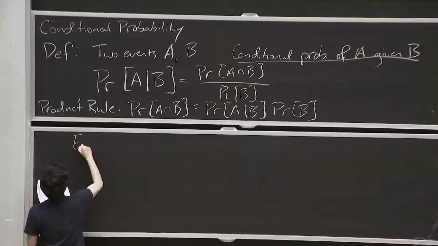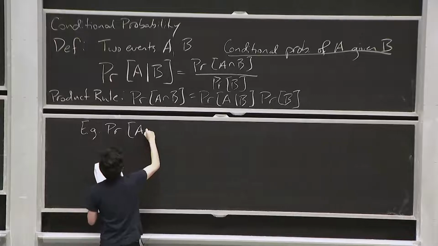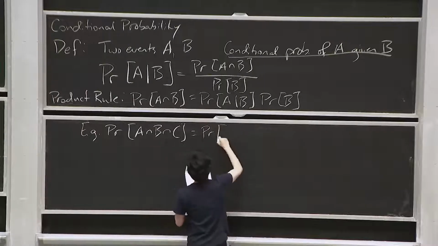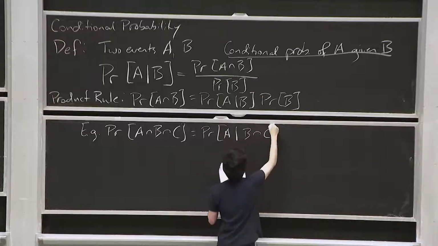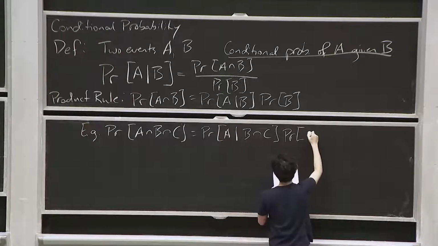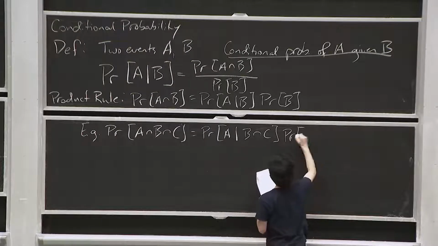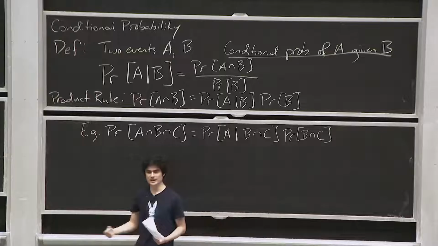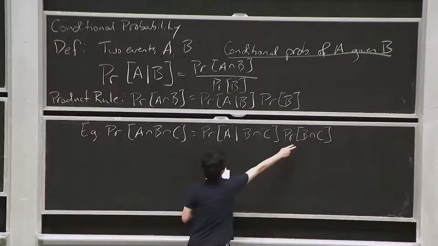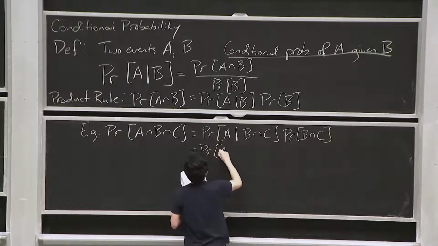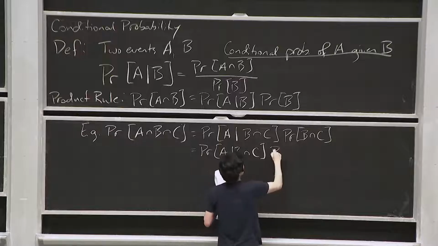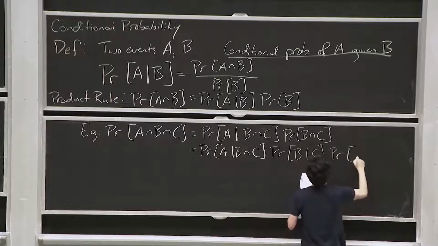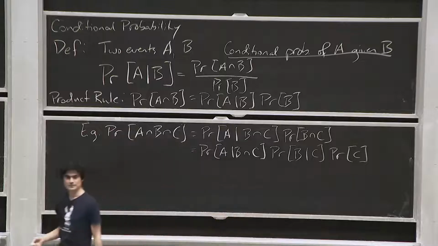So you can also have, e.g., the probability of A intersect B intersect C equals the probability of A given B and C times the probability of B, or maybe I should write this out more explicitly, B intersect C. And then if we apply our binary product rule again, we can expand out that term as the probability of A given B and C, probability of B given C, probability of C. Okay.